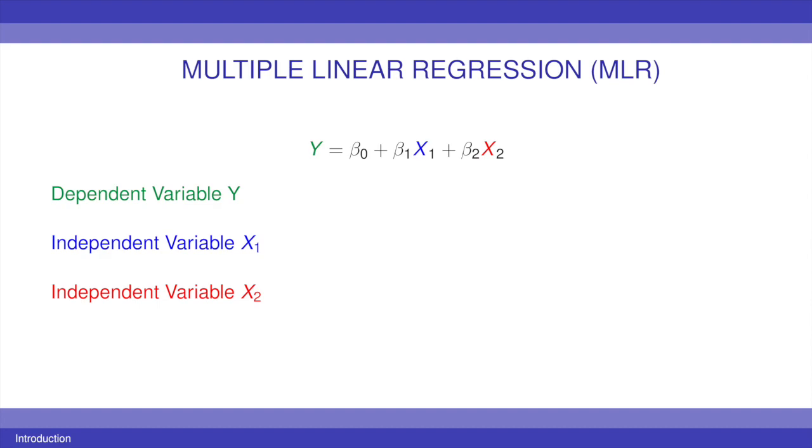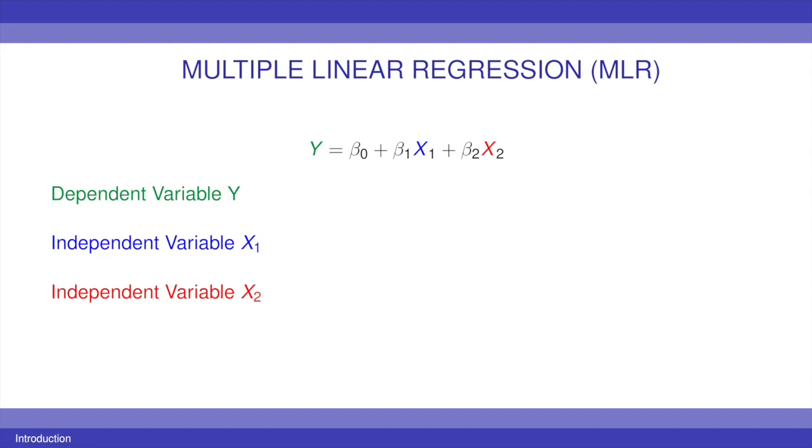Simple linear regression only has one X and one Y variable. Now let's consider what would happen if we have two predictor variables or two X's. Many of the same principles apply as in simple linear regression, except now our response variable Y is dependent on two or more independent variables or X's.